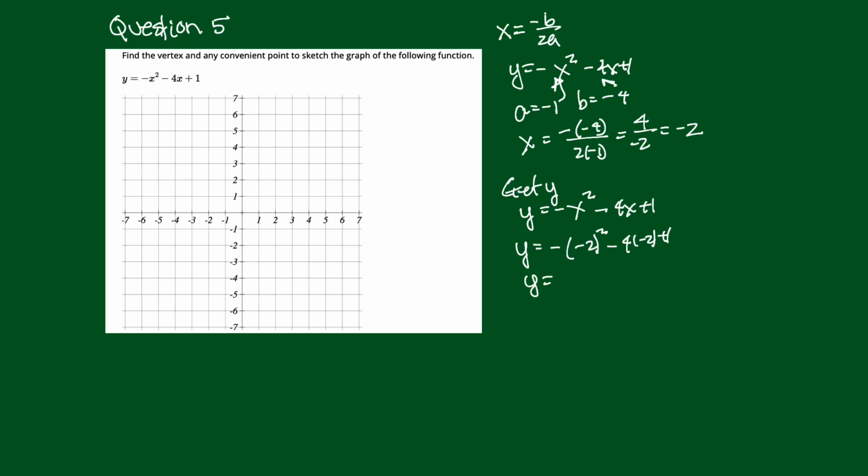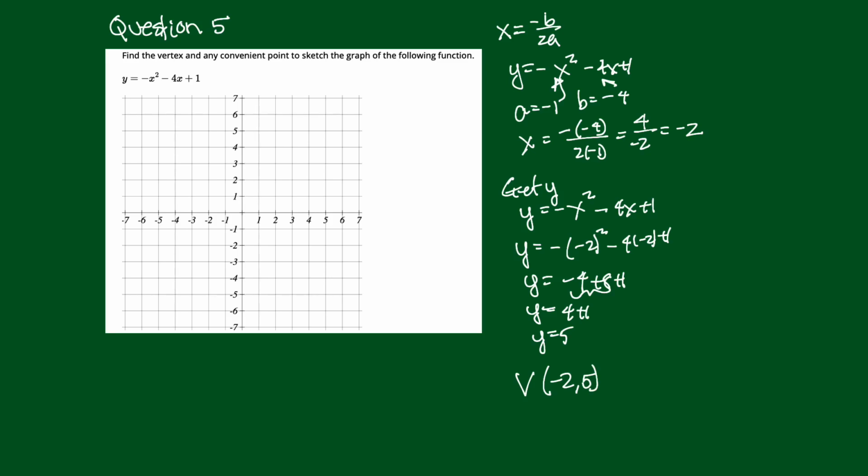Negative 2 squared is 4, so I'll get negative 4, and then plus 8 plus 1. Negative 4 plus 8 is 4, plus 1, y is 5. So the vertex is at negative 2, 5.